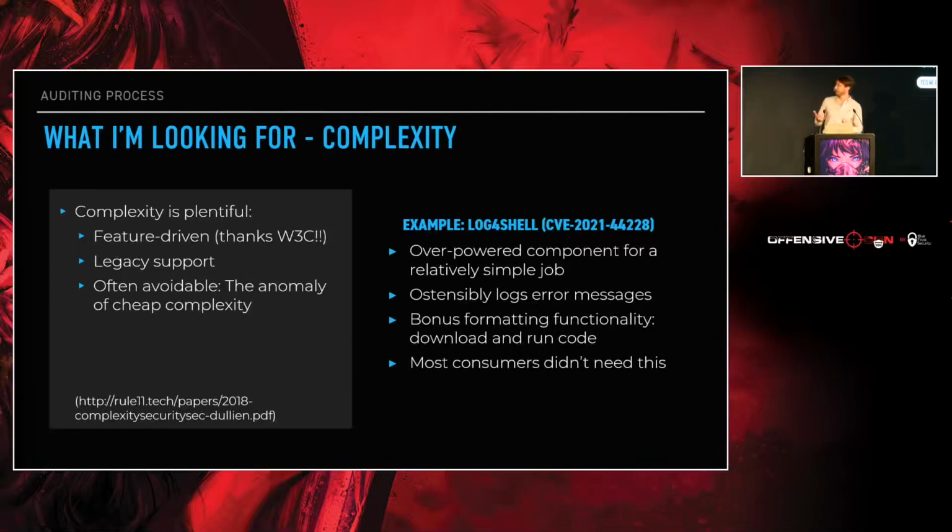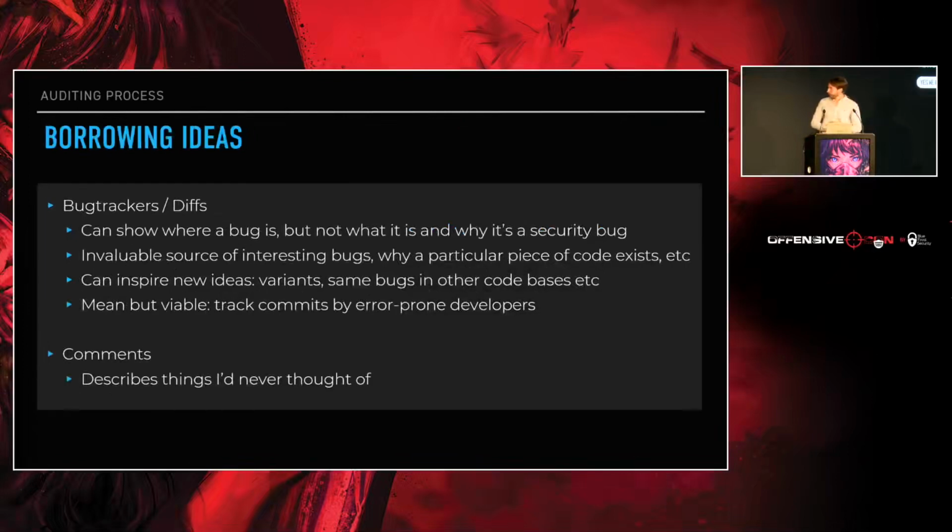And so these kinds of bugs are really interesting. Borrowing ideas is another fun one. I talked before about how diffs are really useful for seeing what vulnerabilities look like in the context of a particular code base. But bug trackers in general are also really interesting for seeing what kinds of bugs have been present in the code base before. Some of them are security bugs, but some are just crazy bugs that they've run into during the lifespan of this program in operation.